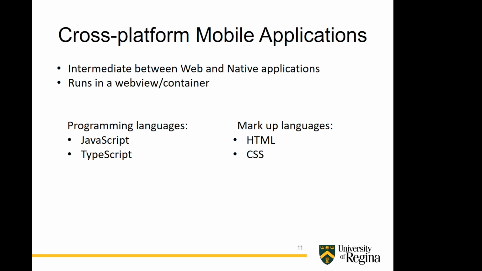Cross-platform application is basically a combination of a web application and a native application. It also uses HTML, CSS, and TypeScript or JavaScript sometimes, but it also runs inside of a web view or a container, usually through a framework. In most cases, it can be perceived as a native application.